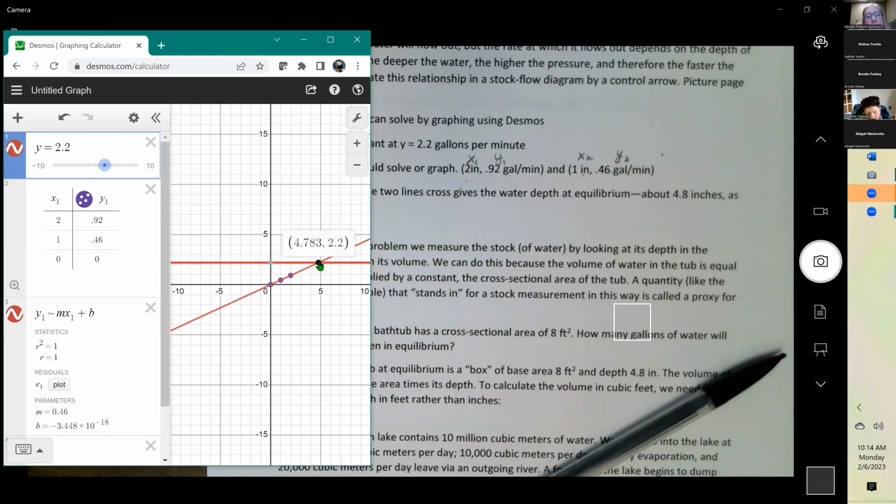Click on it twice and it'll stay there. 4.8. So when the bathtub is 4.8 inches, then it will be in an equilibrium. Any questions on that?